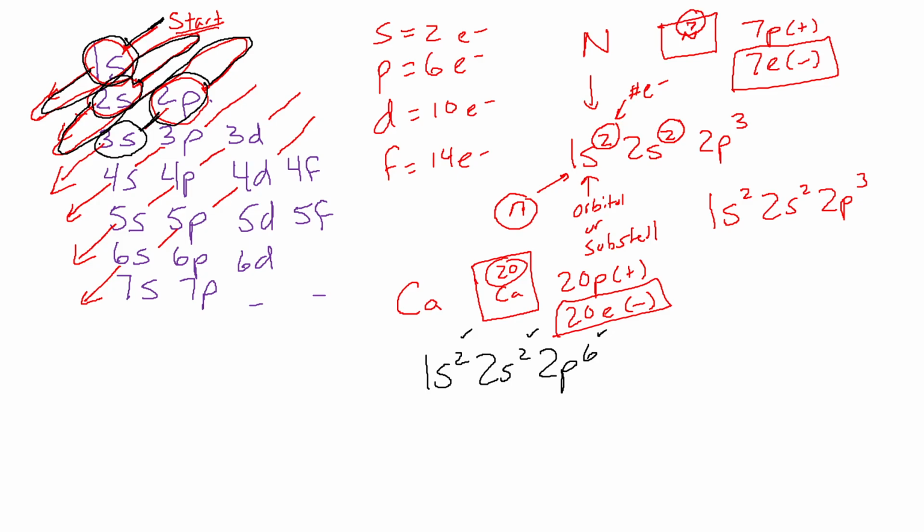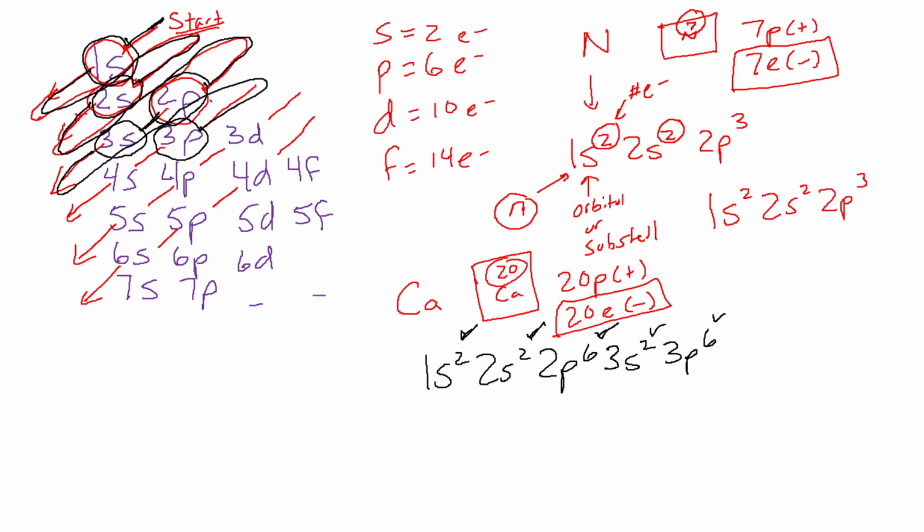Next is the 3s, as you can see there, and that could hold 2. We need more, so we're going to zigzag back. Now to our 3p. That subshell could hold 6. Once again, if we count the top numbers, 2, 4, and 6 is 10. 2 more is 12, and 6 more is 18.